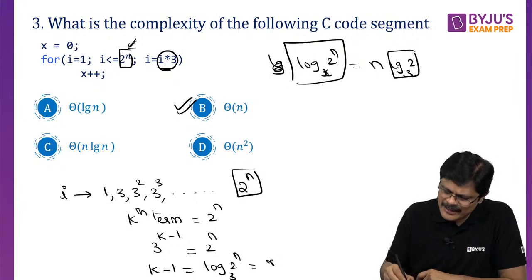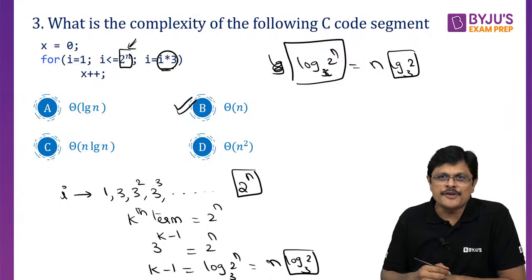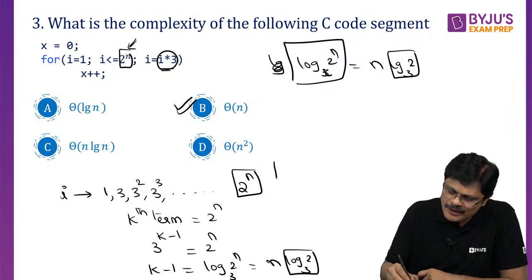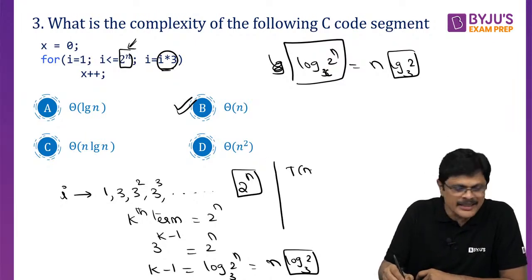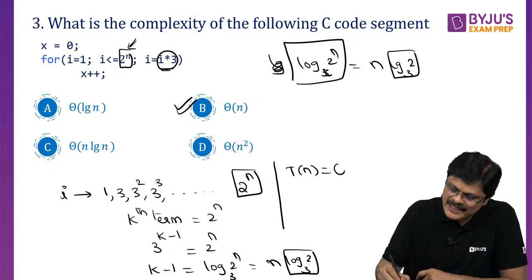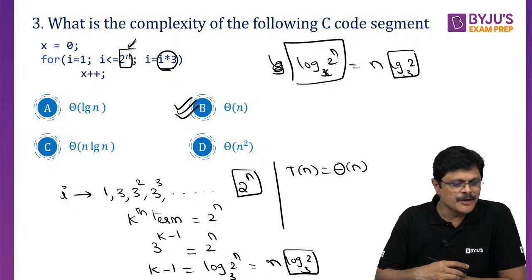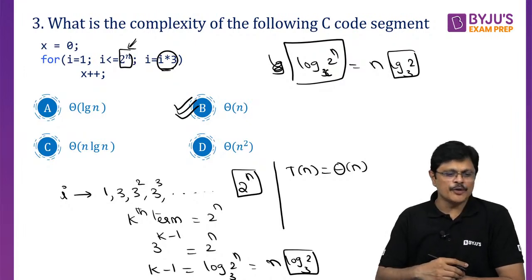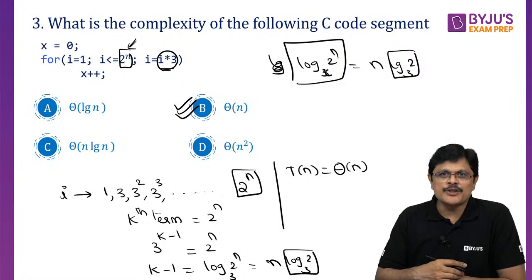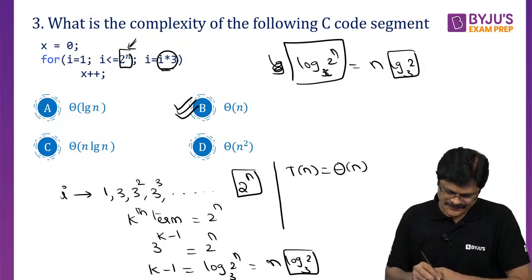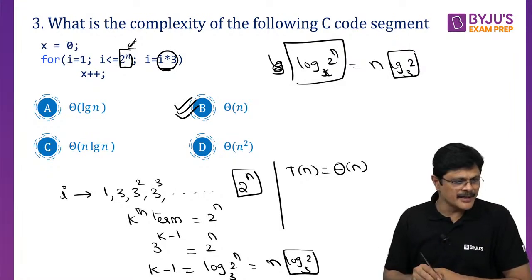So this is nothing but n into log 2 to the base 3. Constant coefficient can be ignored. Therefore, the time complexity for this is theta n, my dear friends. That is option B. Hope you understand. All of you able to follow? Any doubts? Please do ask me, sir. Clear?